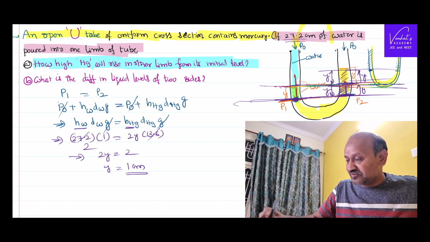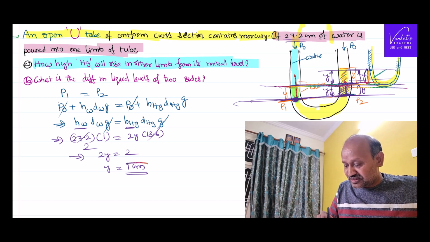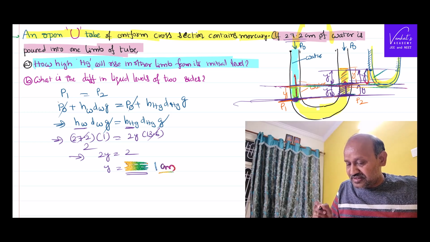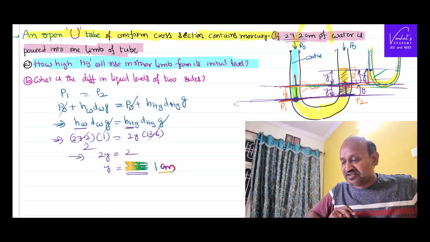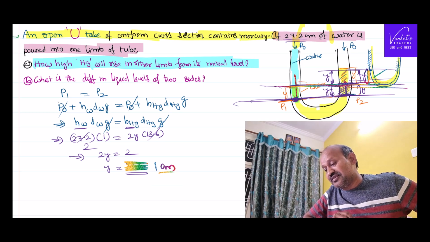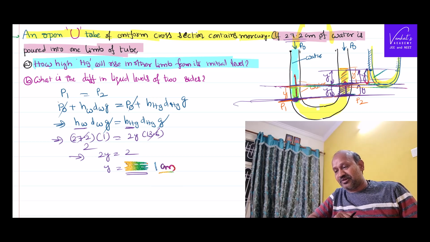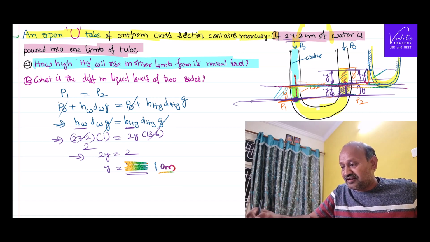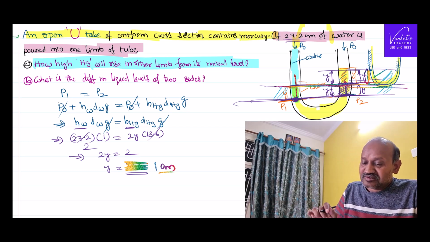So from here, it has been raised by only y. That y value is nothing but equal to 1 centimeter. It is raised by 1 centimeter. That's how we solve the first part of the problem, right? I think you need to relook if you have not understood why this is y and this is 2y. Be careful.